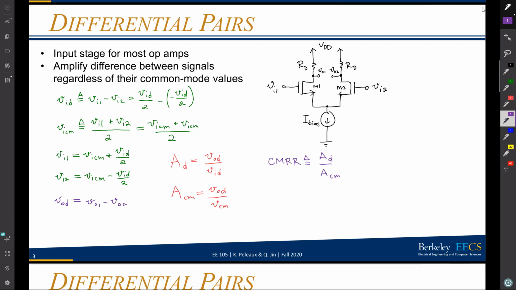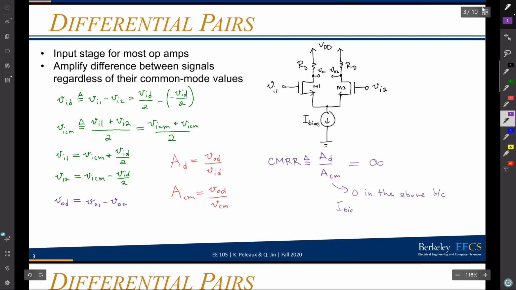Because M1 and M2 we're assuming are matched, RD1 and RD2 are matched. And so there's no place for us to get a differential voltage between VO1 and VO2 if we have the same input on VI1 and VI2. And so in this case, common mode rejection ratio is infinite because we have an ideal current source.